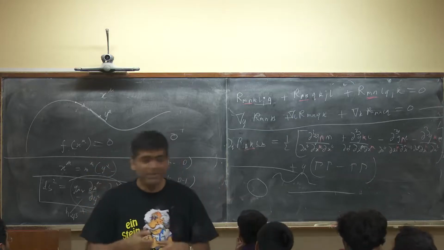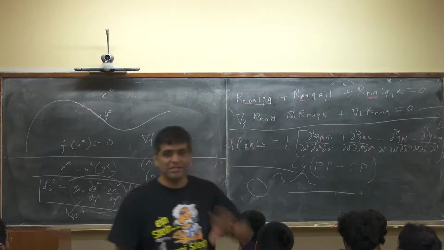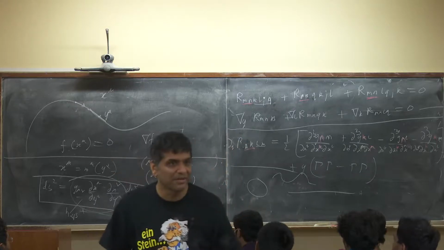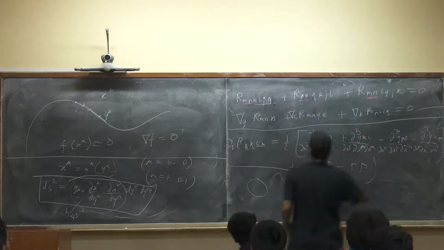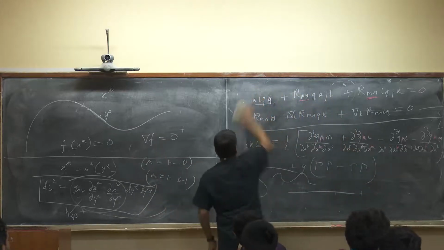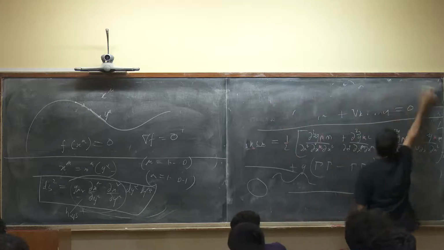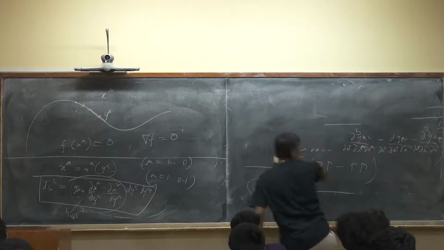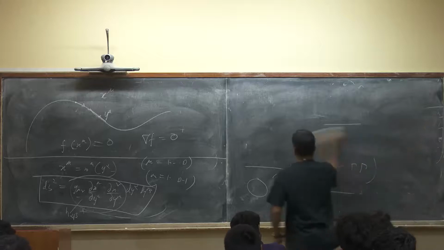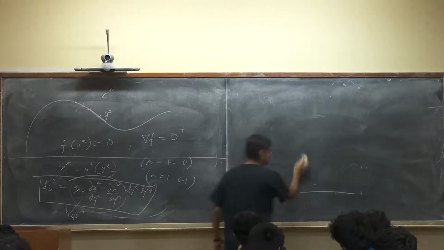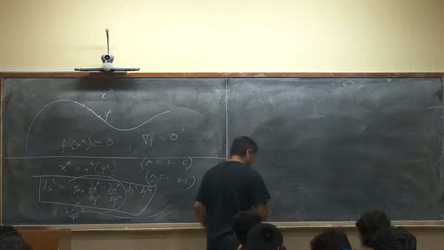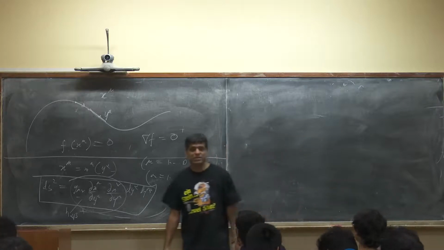Everything should be either coordinate invariant or transform nicely, tensorially, under coordinate changes. Okay, so I'm going to now define a tensor that characterizes embeddings. Physicists call this tensor the extrinsic curvature.